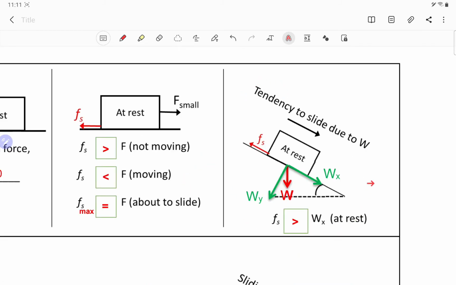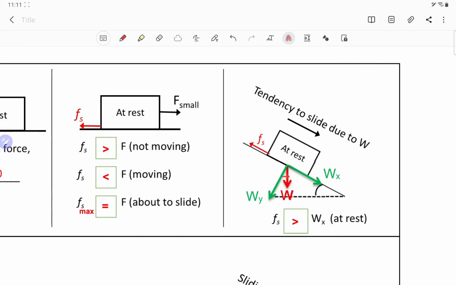Okay, so we look at the last diagram over here, an object on a ramp. Objek ni berada dalam keadaan condong. Kalau kita letak apa-apa dalam keadaan condong, it will have the tendency to slide down due to gravity. But in this case, the object is still at rest. Therefore, we have a static friction against the tendency. Tadi kita dah tengok, direction of the vector for weight will always be towards the center of the earth.